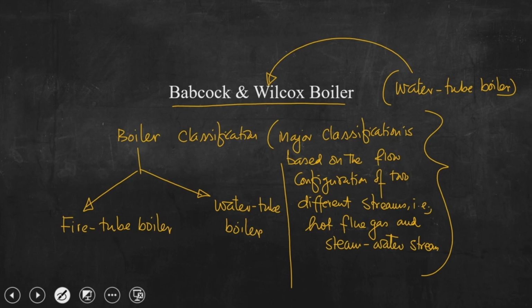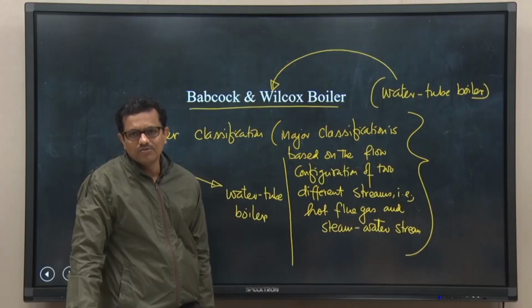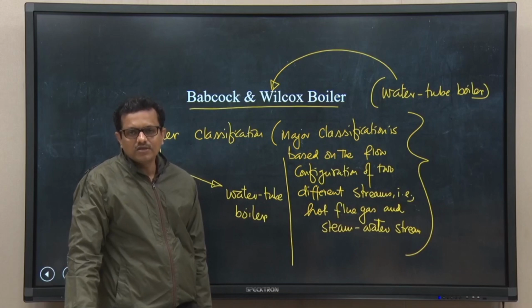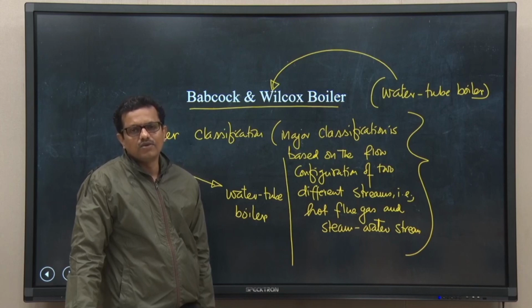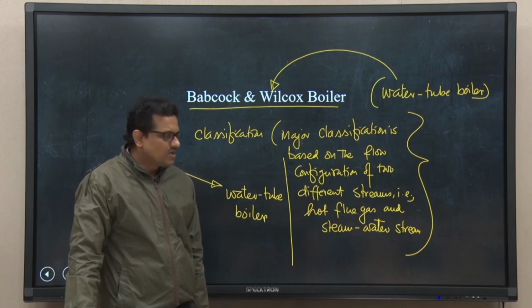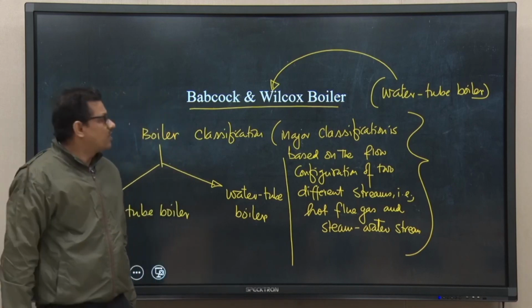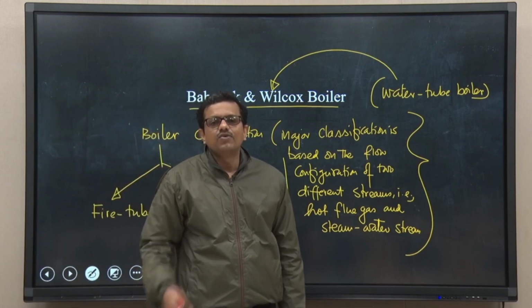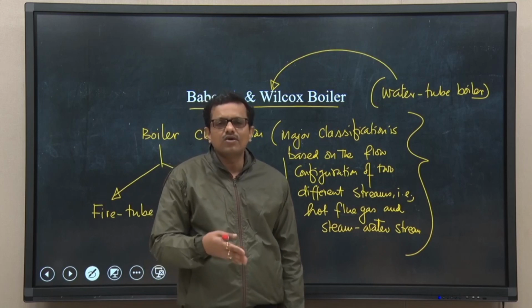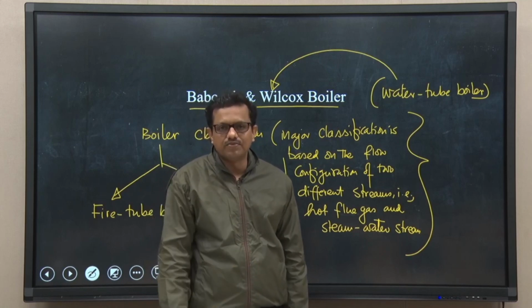I guess you have understood that based on the flow configuration of two different streams, that is hot flue gas and steam water stream, it is possible to classify boilers into two categories: the water tube boiler and the fire tube boiler. You can understand from the name itself that in a water tube boiler the water stream is allowed to pass through the tube.